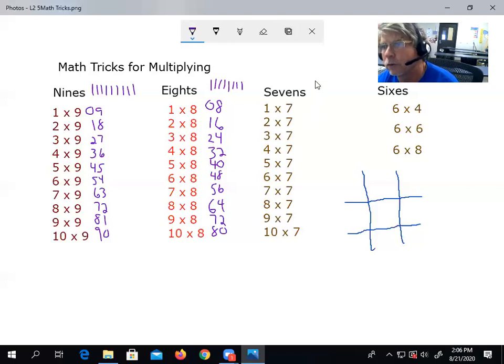The 7s, we have 1, 2, 3, 4, 5, 6, 7 little sticks.